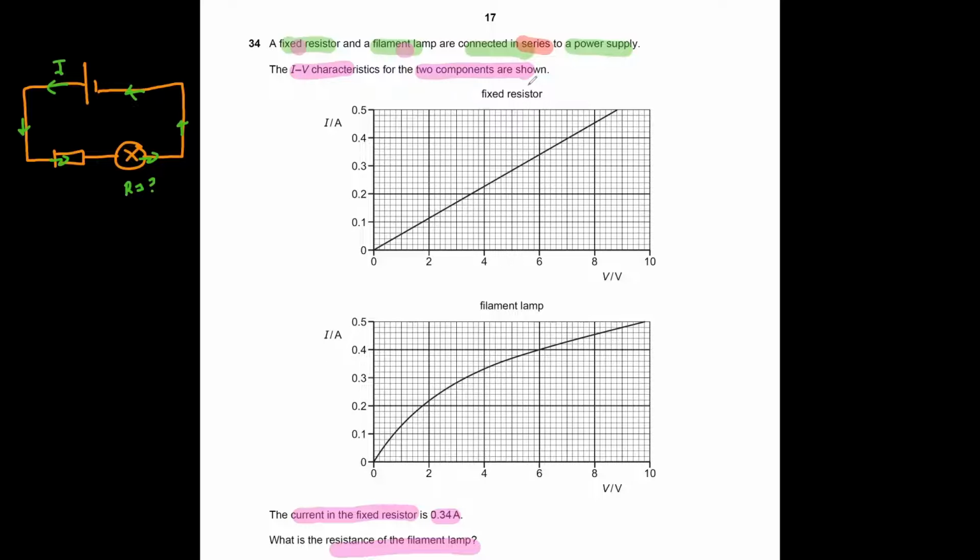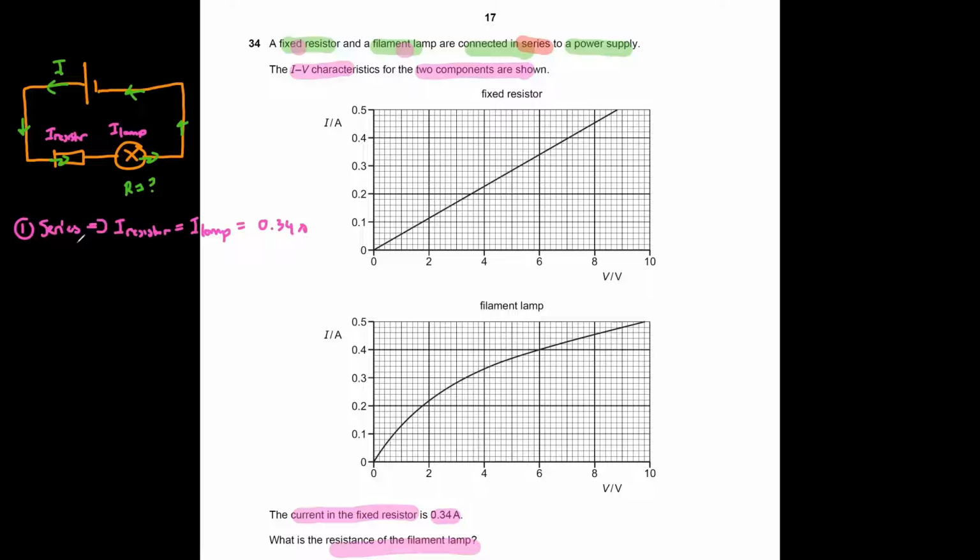Because they are connected in series, the current through your resistor will be the same as the current through your lamp, which in your case is going to be 0.34 ampere. It's already given inside your question.